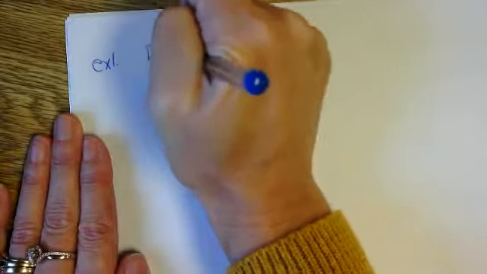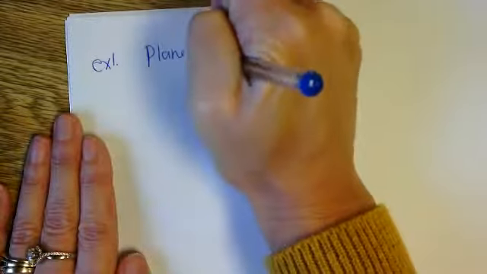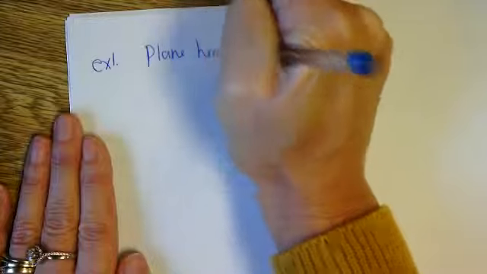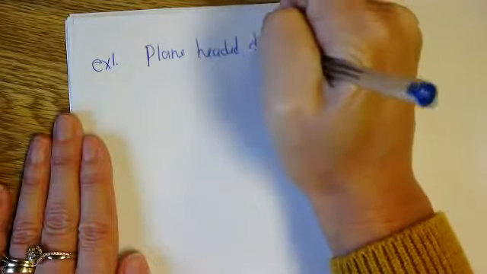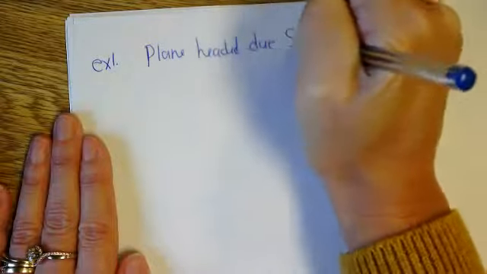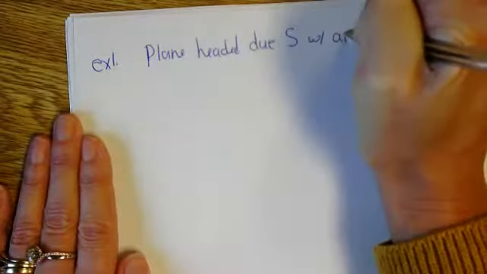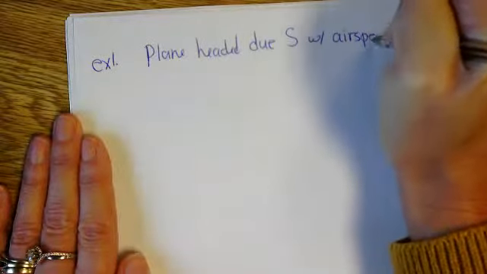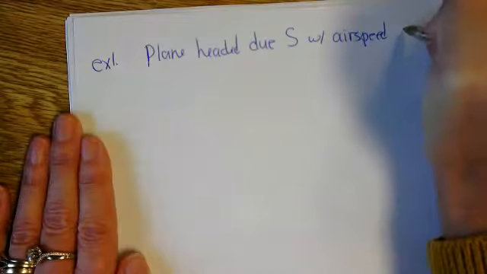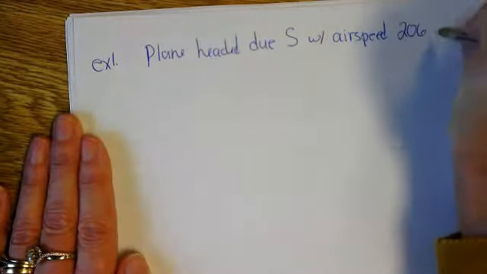We've got a plane that's heading due south with an airspeed of 206 miles per hour.